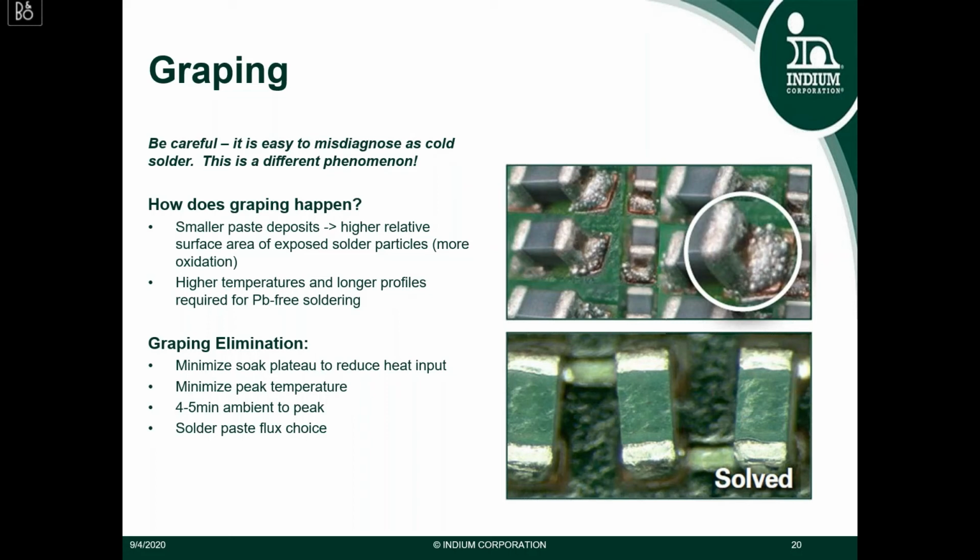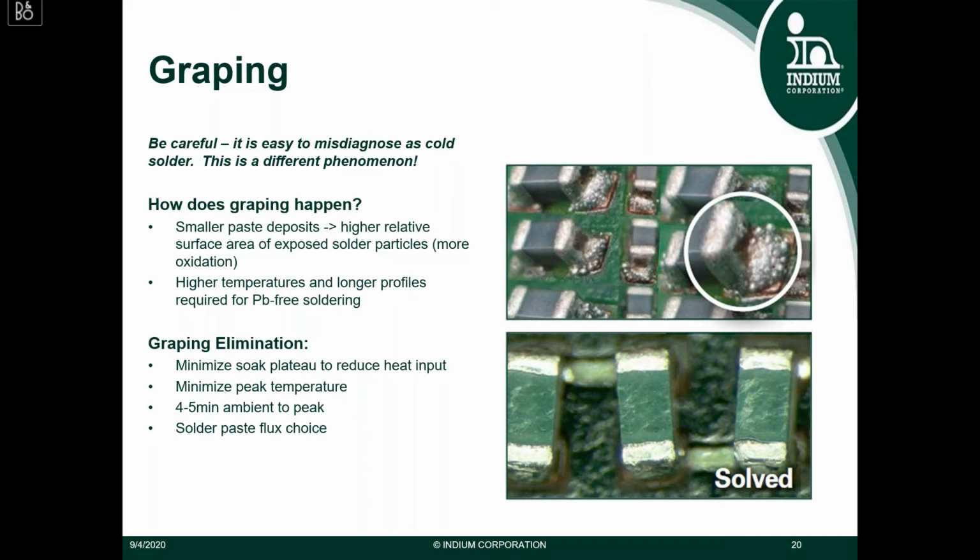It looks very similar to graping, but they have two different root causes. The root cause for cold solder is not giving enough heat input, but the root cause for graping is too much heat input. So make sure you're understanding the difference between graping and cold solder.